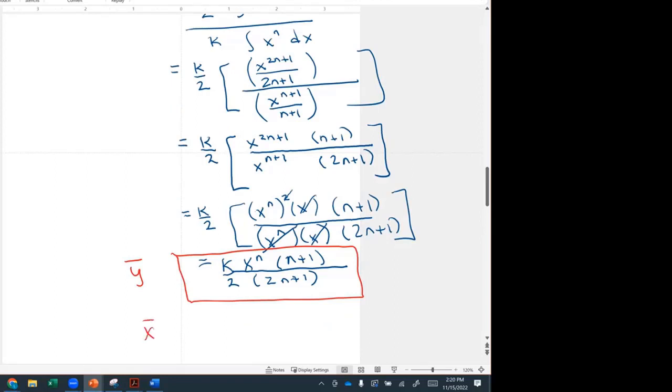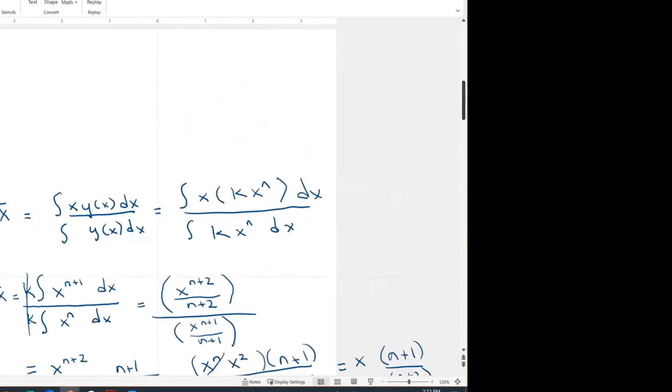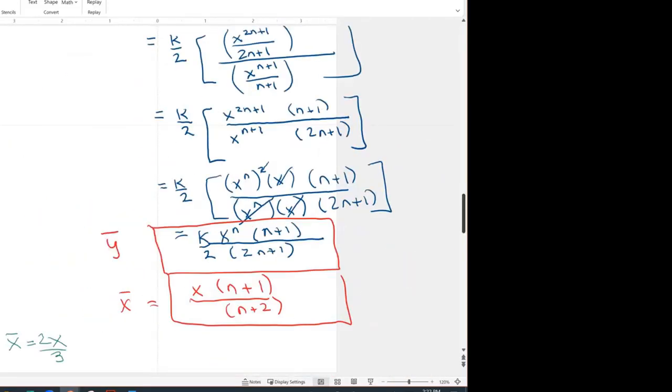So now we have our x bar and our y bar. I would have x bar is equal to, I don't know what x is, but I know n is 1, so it'd be 2/3 x. If I had numbers, I could put numbers in. Since I have no numbers, I cannot put numbers in.